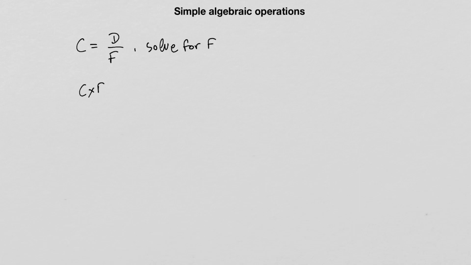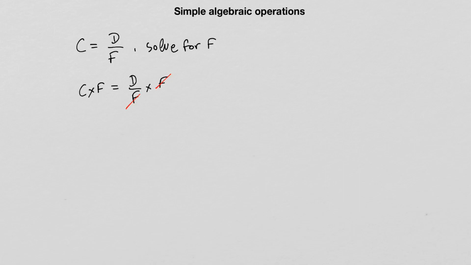So C times F is equal to D divided by F times F. So I have on the right hand side F in the numerator and denominator, so those two cancel out. Remember, that's the same quantity with the same value, so they cancel out.